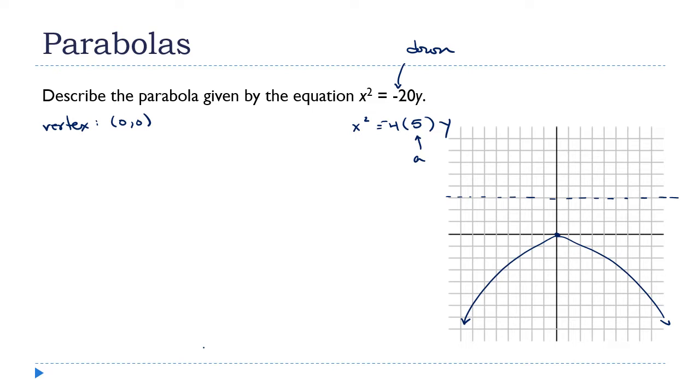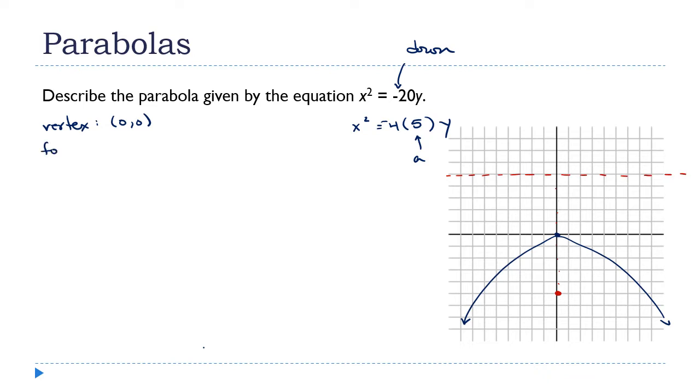The focal point is 1, 2, 3, 4, 5. It's 5 units inside the parabola. And the directrix is 1, 2, 3, 4, 5 units outside.